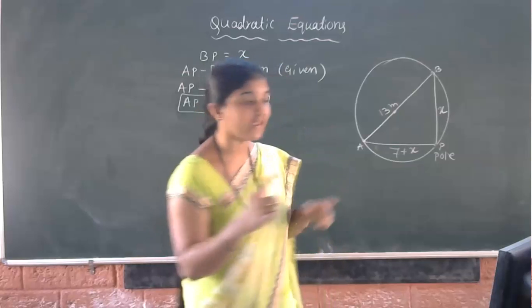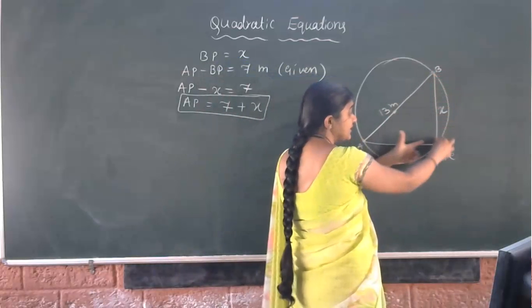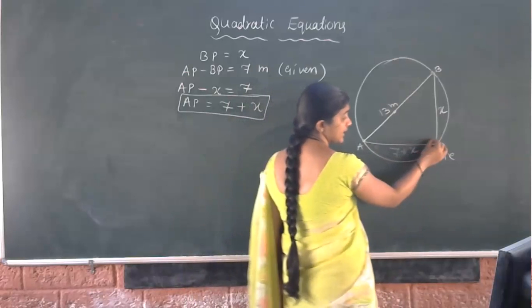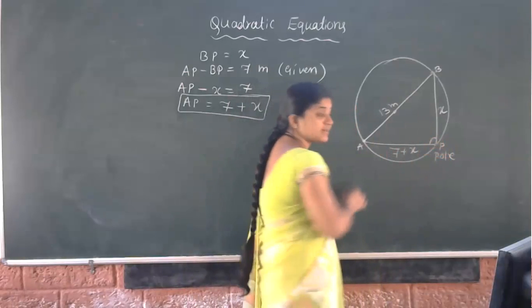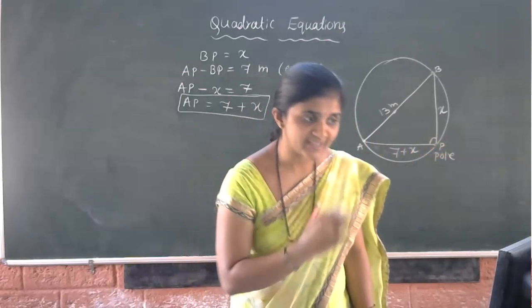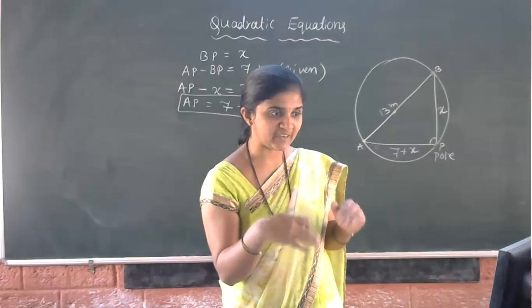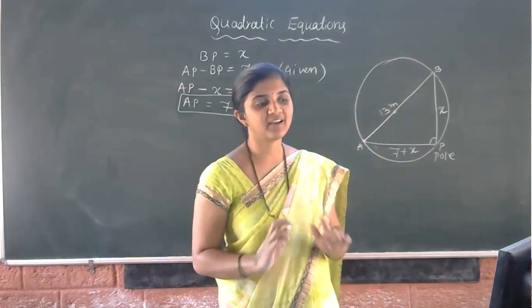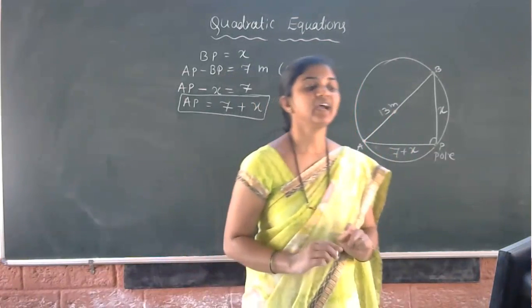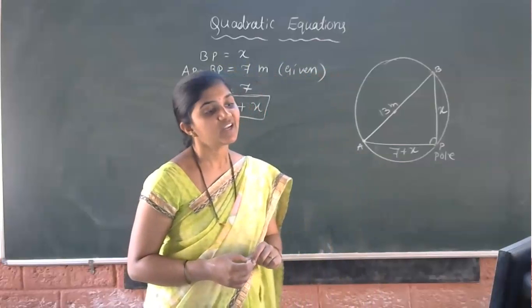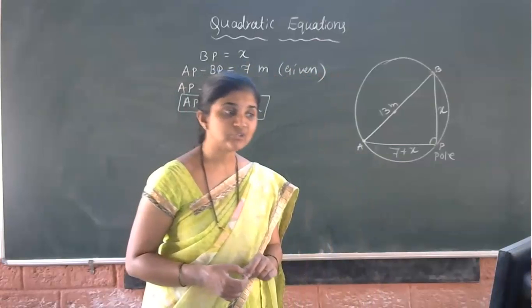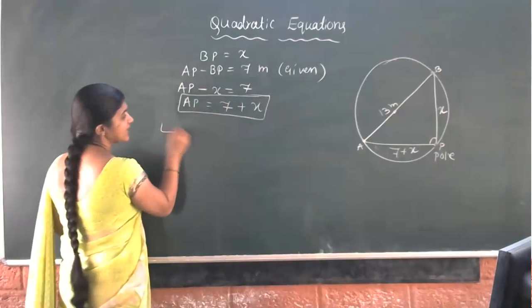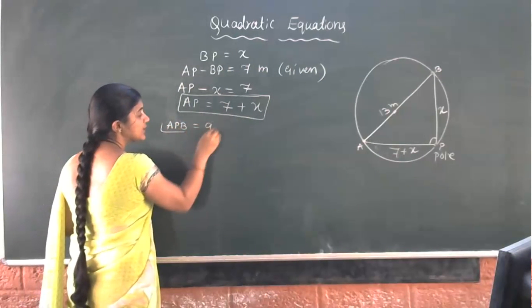We all learned one topic: angle subtended by the diameter is always 90 degrees. Correct? When you join the two end points of the diameter to a point on the circumference, we get 90 degrees. Or the semicircle property: the angle formed by joining the two ends of a semicircle is always 90 degrees. Angle subtended by the diameter is equal to 90 degrees. So APB is a right angle triangle. Yes, angle APB is equal to 90 degrees.